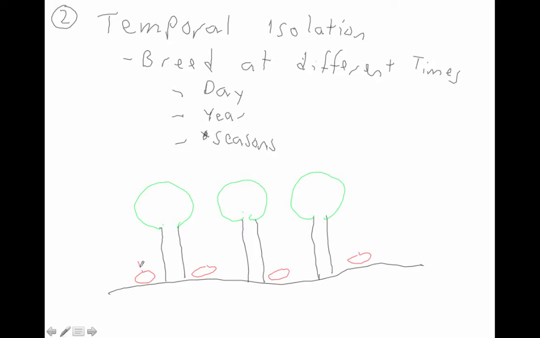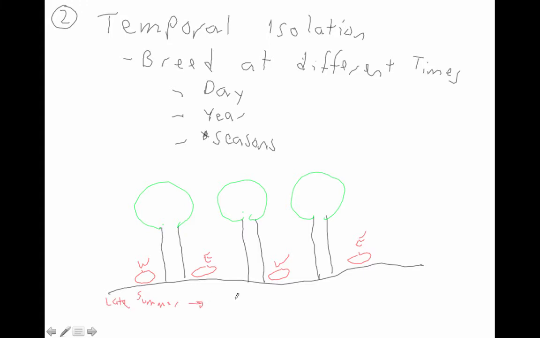And so I'm going to put a W here, and an eastern here. These are all skunks. And at one time, they were the same species. But what has happened is that the western skunk mates in late summer. So I'm going to write late summer here.